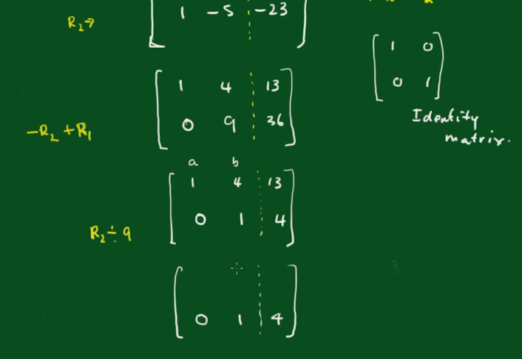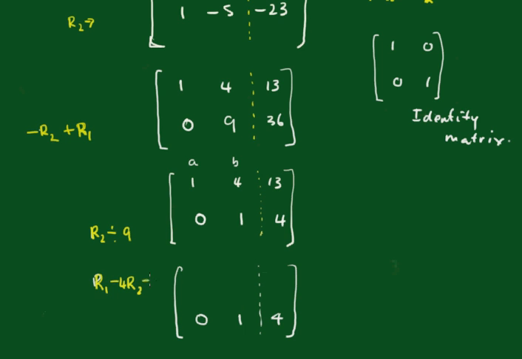Now what I'll do here, I want to change this by, I'll take row 1, and I will multiply row 2 by 4 and subtract, okay? So this is row 1, minus 4 times row 2.